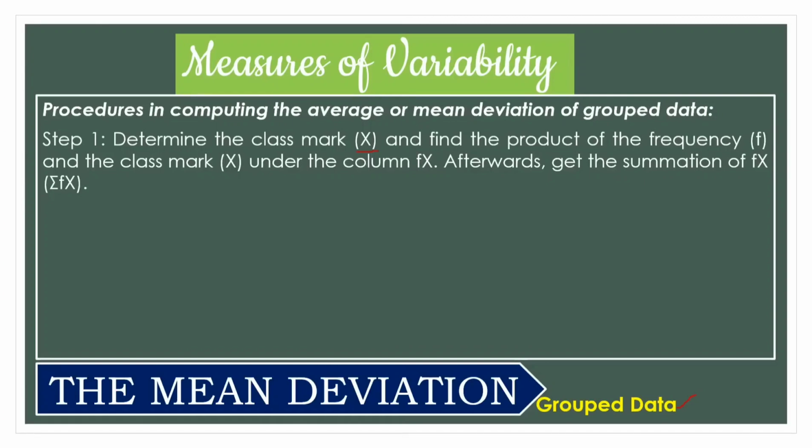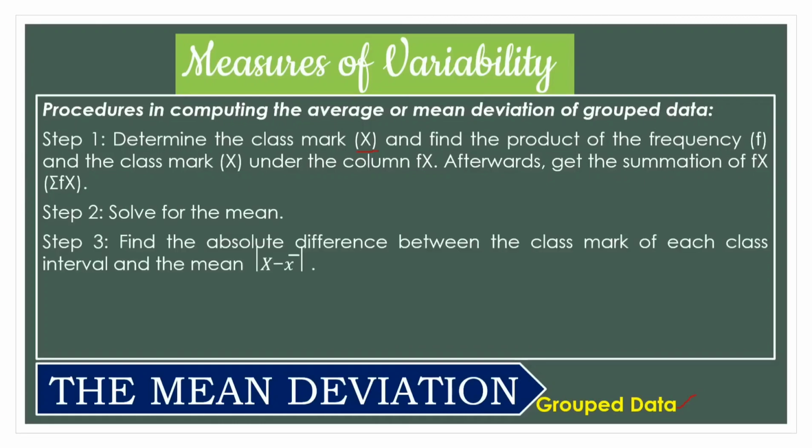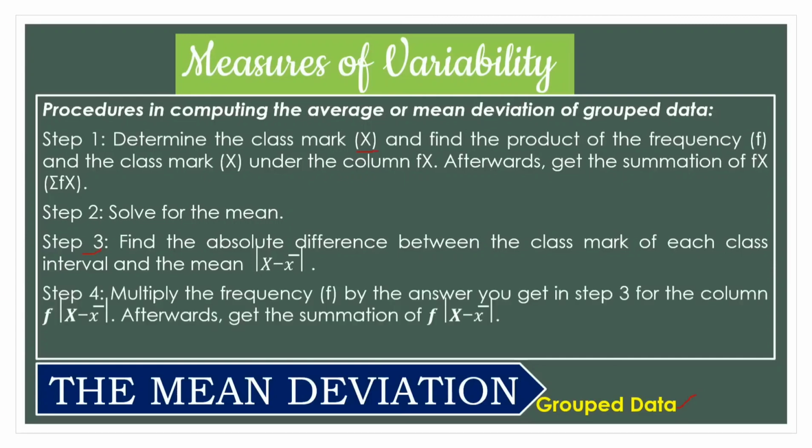Afterwards, get the summation of f times X. Then step 2, solve for the mean using the data obtained in step 1. Step 3, find the absolute difference between the class mark of each interval and the mean.